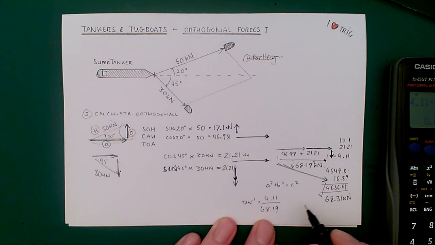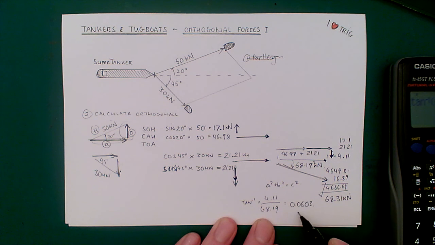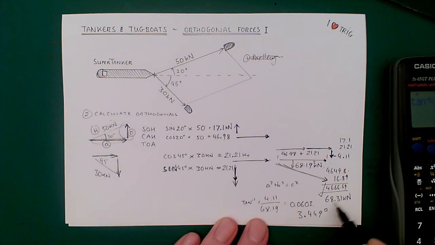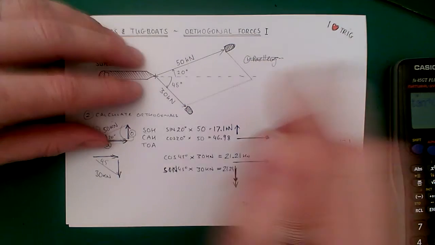That gives me 0.0603. Take the inverse of tan of that, which gives me an angle of 3.449 degrees.